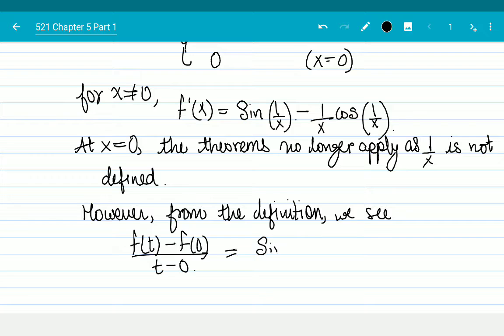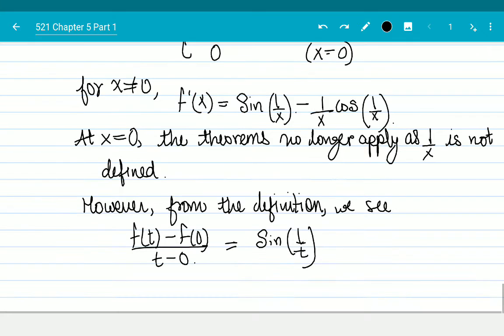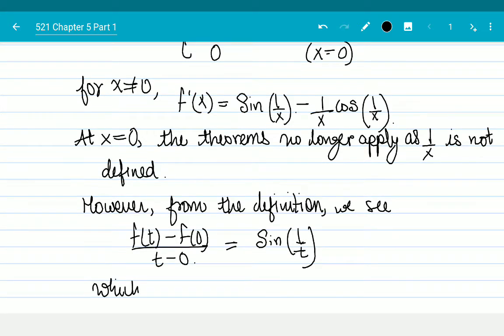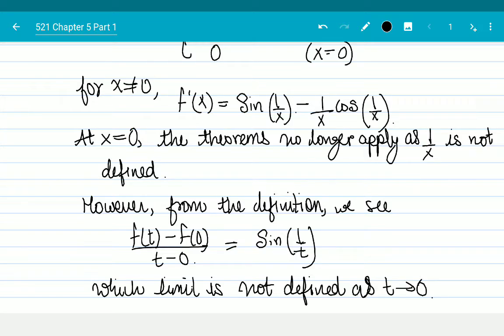So I get this is just sine 1 over t, which limit is not defined as t goes to 0.